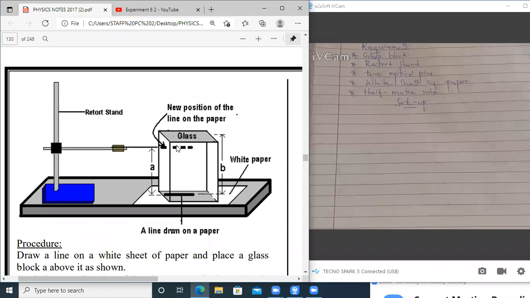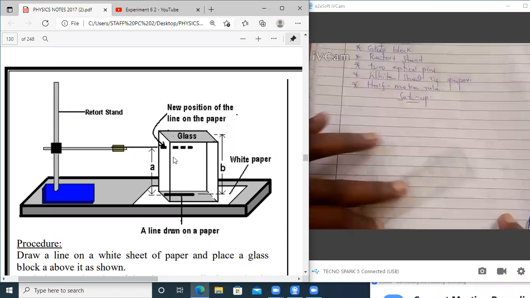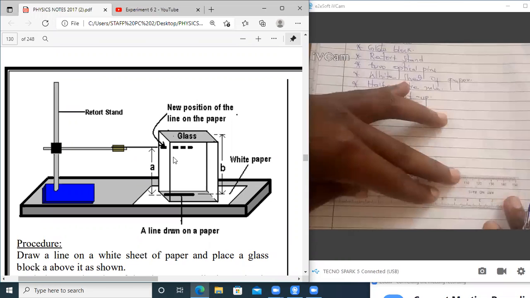All right. So there's not much difference from the setup. The only difference here, the other one we are using a beaker, but this one we are using a glass block. So everything is on the table.